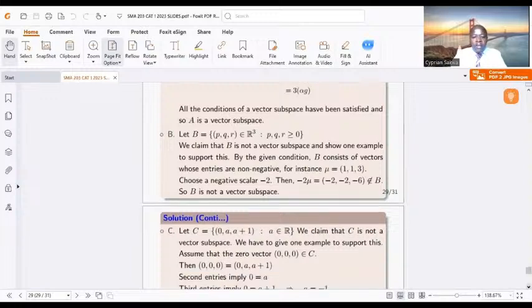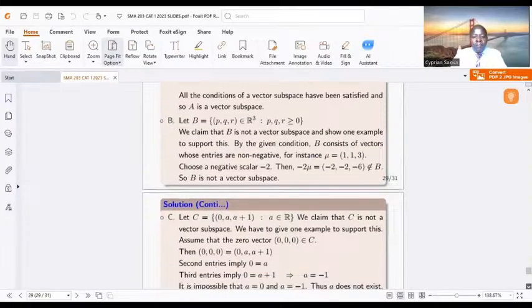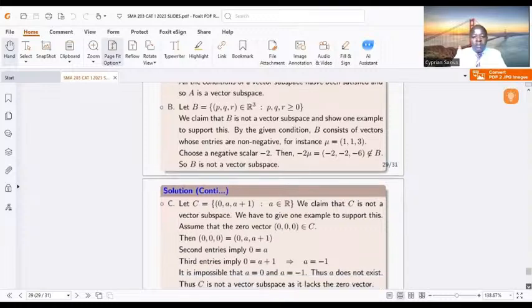So it means it can contain a 0 or any other positive element, but not negative elements. From that, it tells me that this B cannot be a subspace.